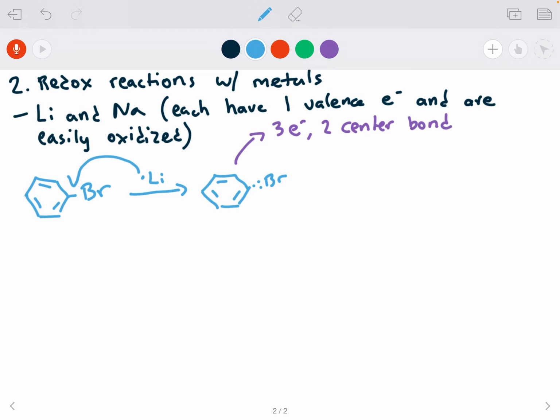So now, in the next step, notice I'm drawing a full arrow here, not fishhook. So this is indicating the movement of 2 electrons. So I lose the bromine. So I've got a radical plus Br minus.